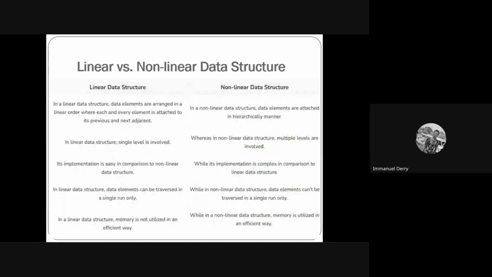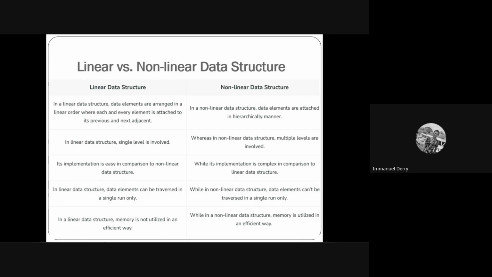So just a brief comparison between the linear data structure and the non-linear data structure. I believe we've seen it before. In linear data structures, data elements are in order, where each and every element is attached to its previous and next adjacent.